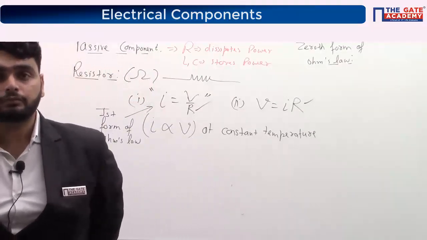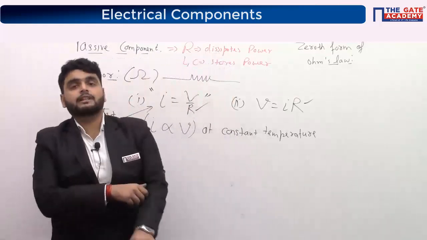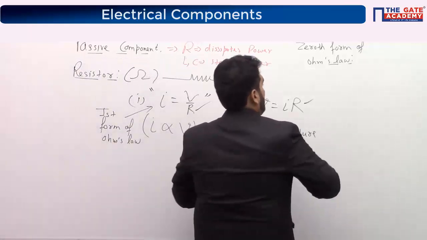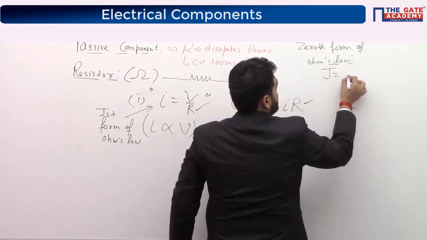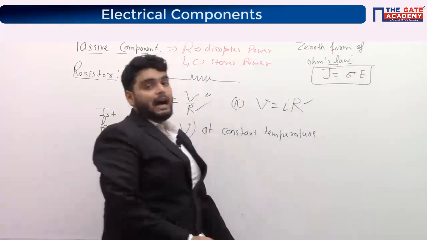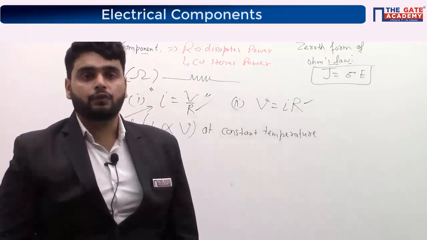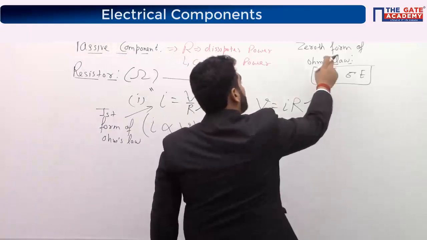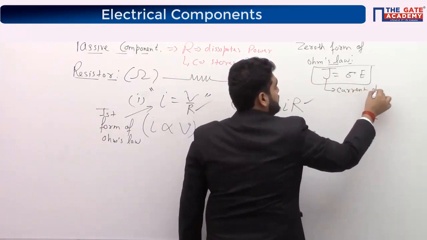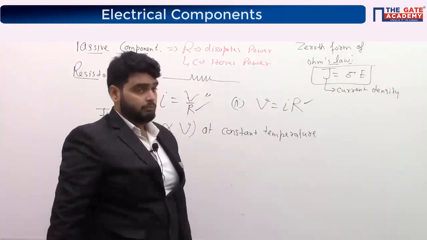No one? Whenever you get time, see the derivation of Ohm's law on the net or in any book. The derivation of Ohm's law gives you this equation, J equal to sigma E. After rearranging this equation, you will get I equal to V by R. So this is the 0th form of Ohm's law, where J is the current density, E is the electric field, and sigma is the conductivity.